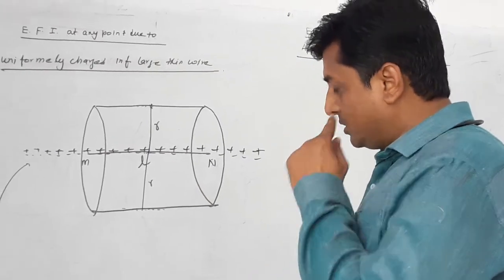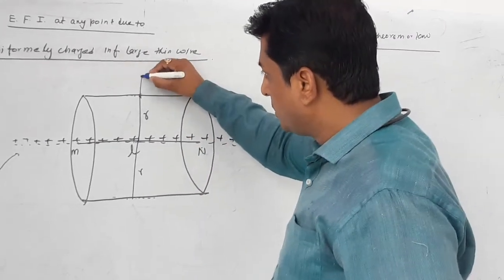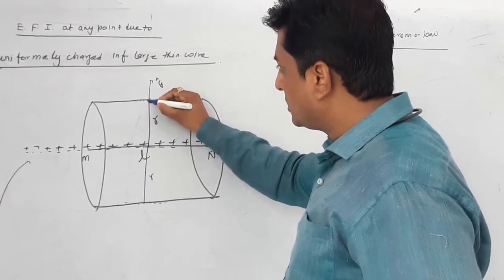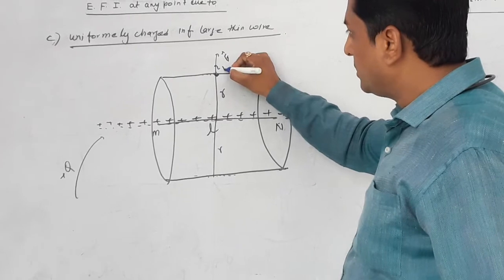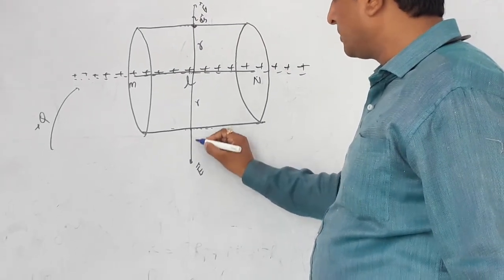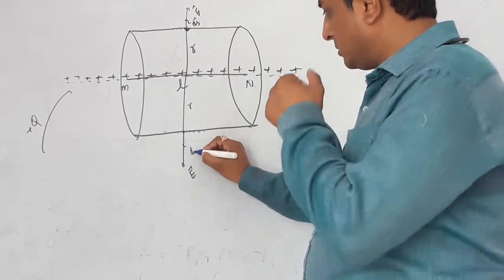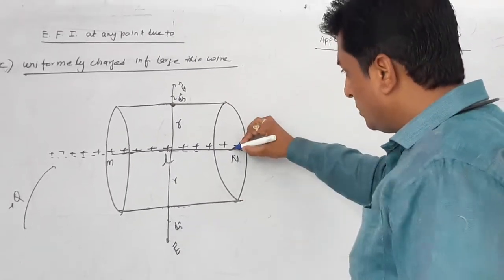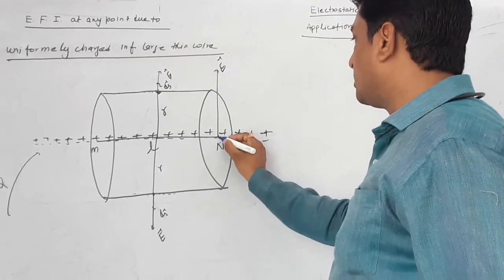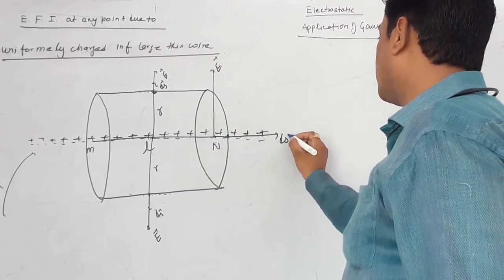Now here you can observe, for this point the intensity direction is this, and if we assume a small area patch, the area vector is here. Here also intensity is this, and the area vector direction is this. For this patch, intensity is also this, but the area vector direction will be this.